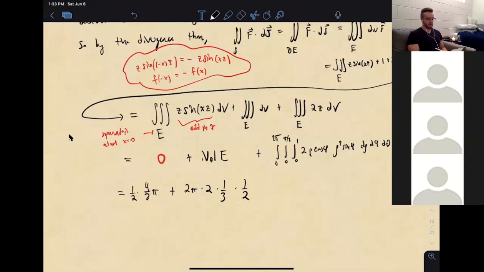So this is going to be 2/3 pi plus 2/3 pi is 4/3 pi. And we're done. There's like a 70% chance that that's the right answer. But once you get here, you can do that more carefully than I did.